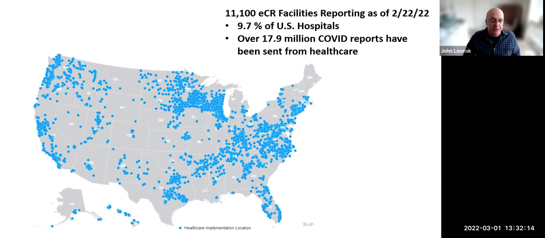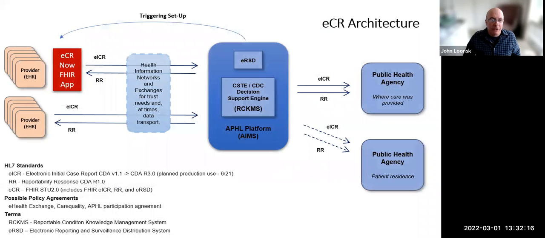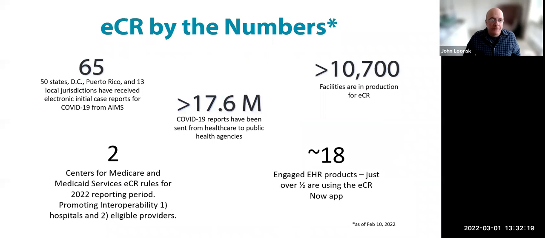Right now, we've transmitted over 17 million case reports, and we are now engaged with 18 electronic health record products that are implementing capabilities either through the app or natively to do electronic case reporting going forward. All of the states and the large local public health agencies have received COVID case reports during this process.